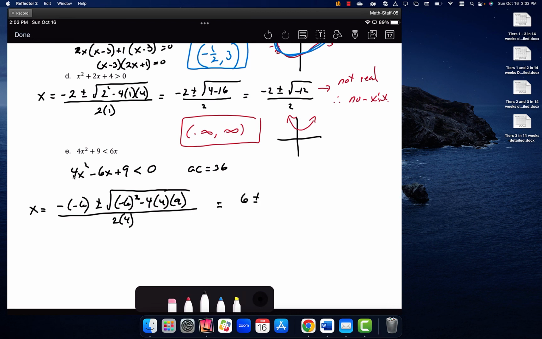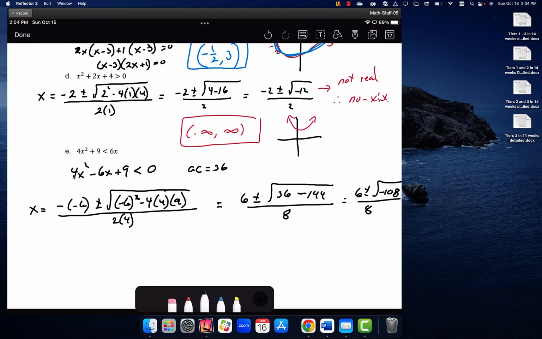We get 6 plus or minus the square root of 36 minus 144 over 8. That is 6 plus or minus the square root of negative 108. So again, this can probably be simplified, but we don't need to.